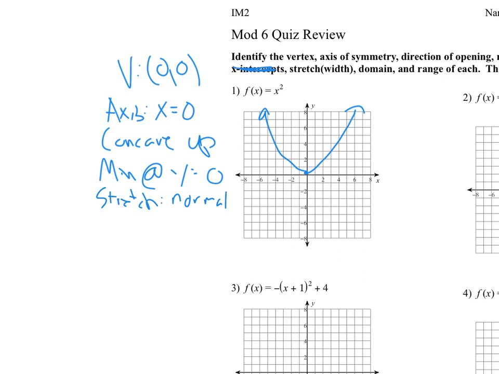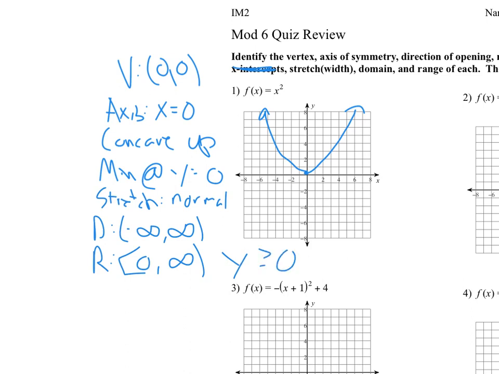Our domain on all parabolas that we're doing here is negative infinity to positive infinity. And then our range, in this case, if you do interval notation, it's from 0 to positive infinity. You could also write it in inequality, which is y greater than or equal to 0 because the parabola goes up.